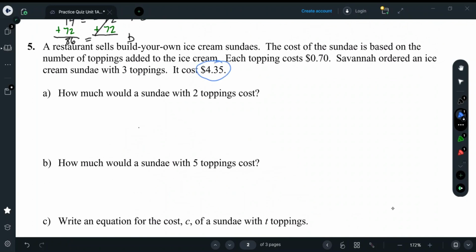This is how much she pays. It tells us here the price is 70 cents per topping.